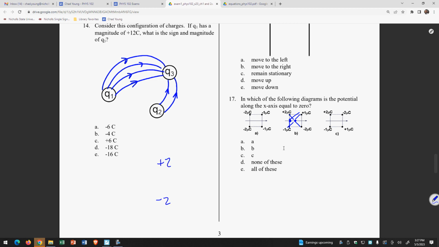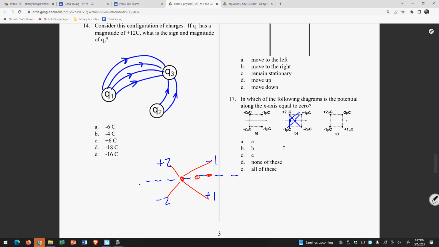+2, -2, -1, +1, or +1, -1, all along this line. Notice here, at this point, this distance and this distance are the same, so the potential due to those 2 charges cancel out, and that distance and that distance are the same, so the potential of those 2 charges cancel out. That's true all along this line.